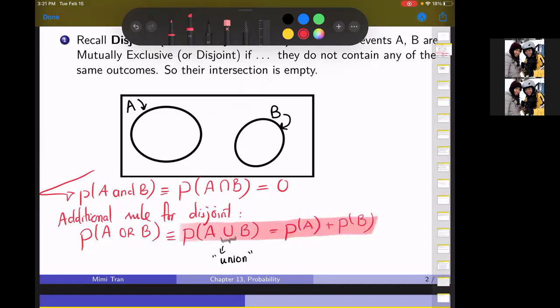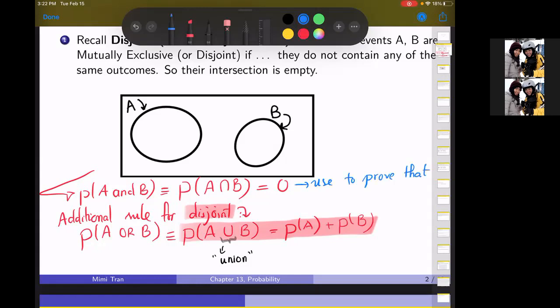Let me highlight it. Usually on the exam, if I give you something and I ask you to prove that event A and event B are disjoint, then you use this rule. If you prove that there's no intersection, it means they're disjoint.